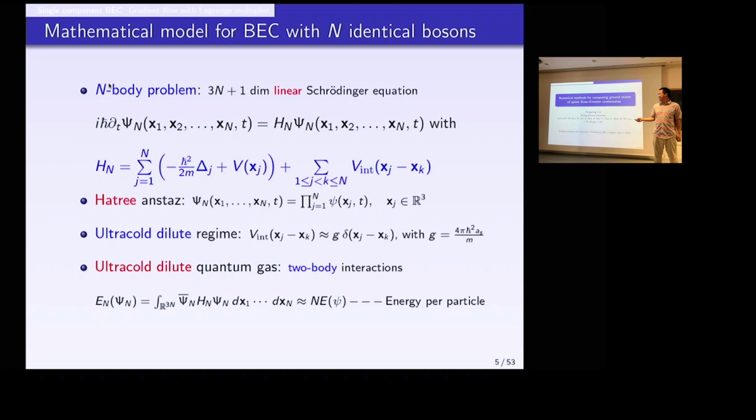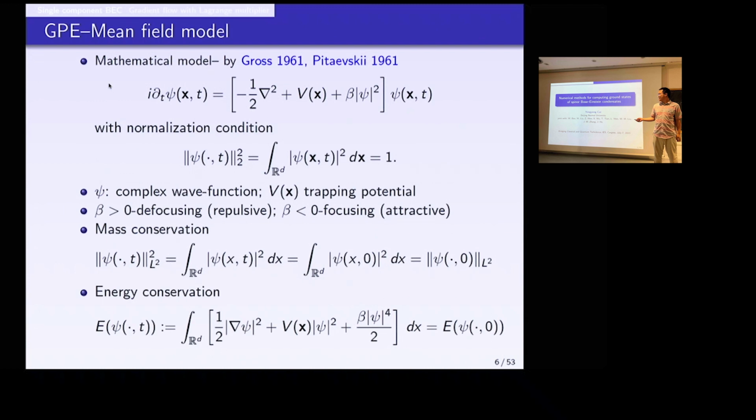And finally, we will end up with this GP energy functional that we are going to study. So we work with this simple GP equation, and here we write the equation in this rescaled form, so all the units are equal to 1.